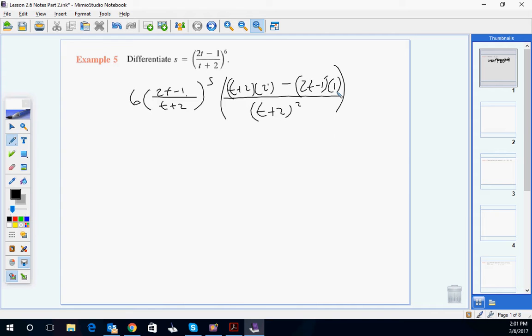All right, so now we want to simplify that as much as we can. We keep this over here just as is. This gets to be 2t plus 4 minus 2t plus 1, because a minus a minus.